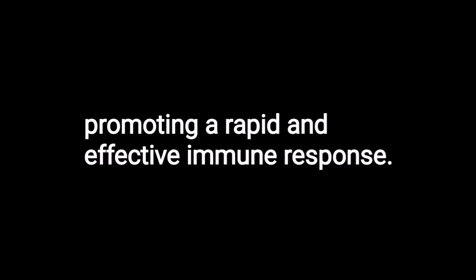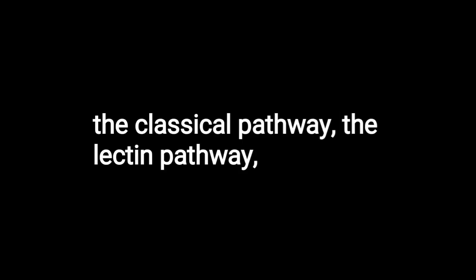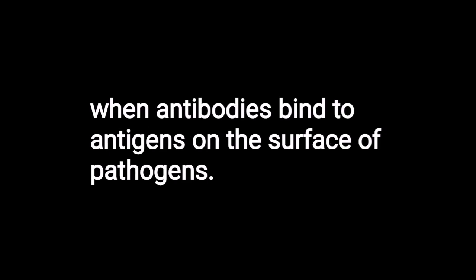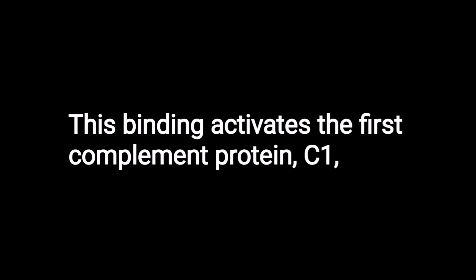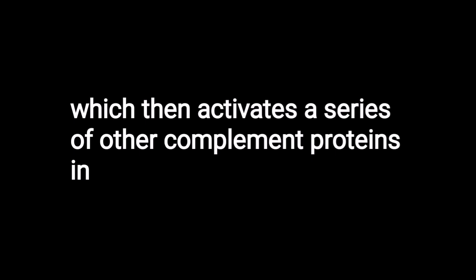There are three main pathways through which the complement system can be activated: the classical pathway, the lectin pathway, and the alternative pathway. The classical pathway is triggered when antibodies bind to antigens on the surface of pathogens. This binding activates the first complement protein, C1, which then activates a series of other complement proteins in a chain reaction.